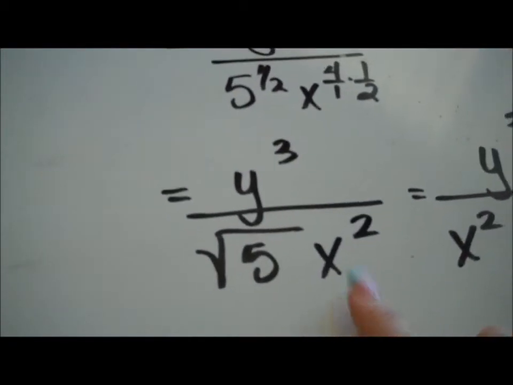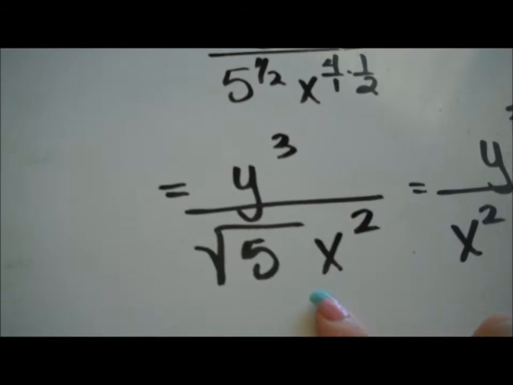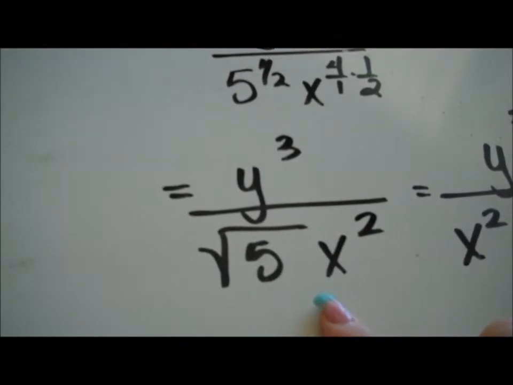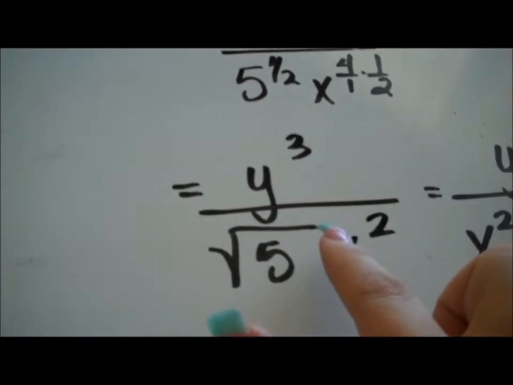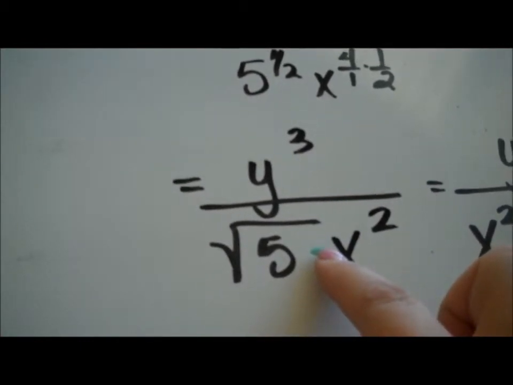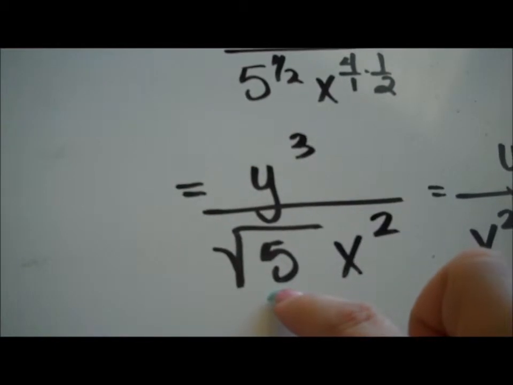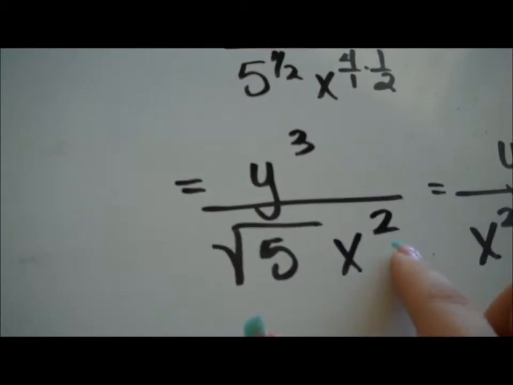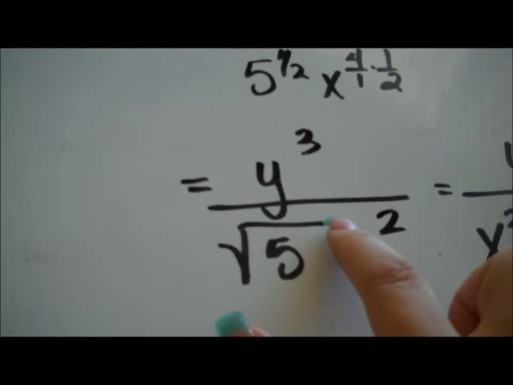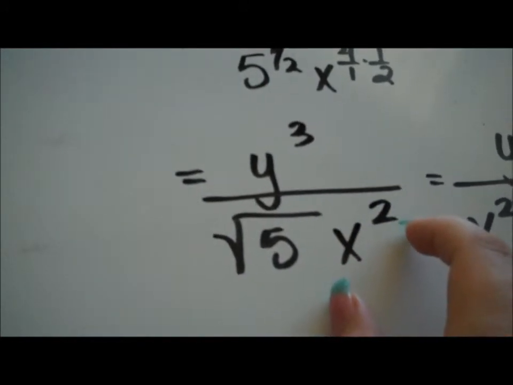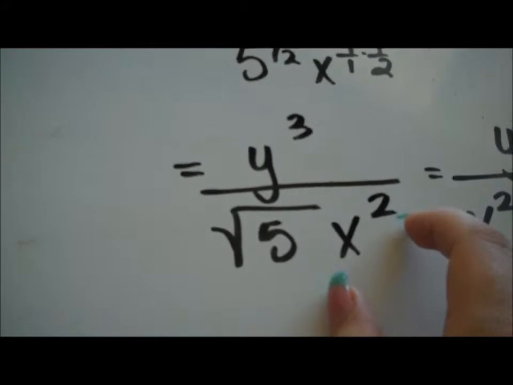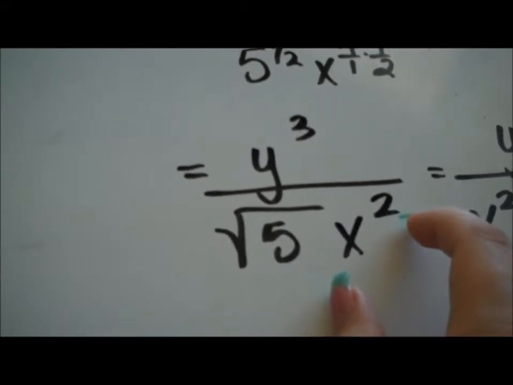Now be careful, if you end up writing your answer like this into MyMathLab, what could happen is when you enter the square root symbol here using the tools on MyMathLab, and you stick in 5, and then you try to stick in x to the 2nd, what's going to happen is that square root bar is going to go all the way across, and it's going to include x to the 2nd on the inside of the square root, so it's going to become part of the radicand, which is incorrect.